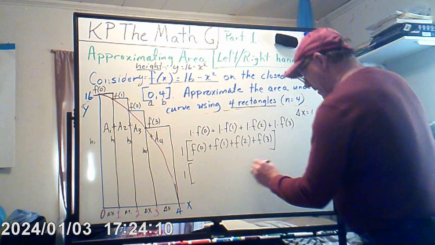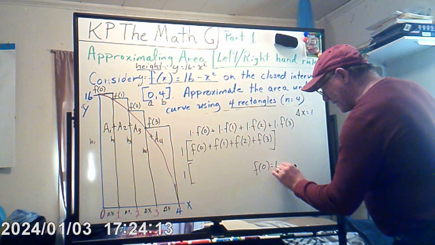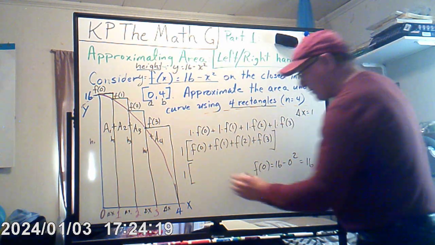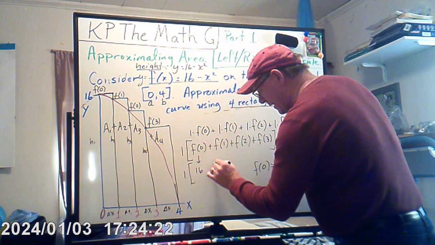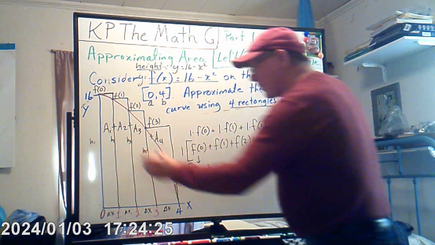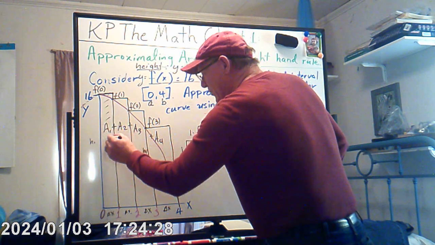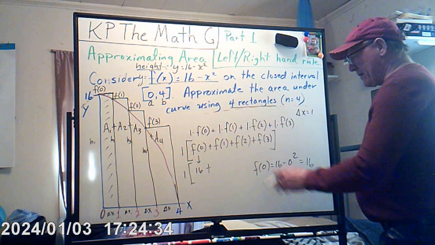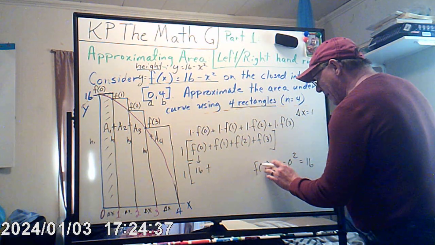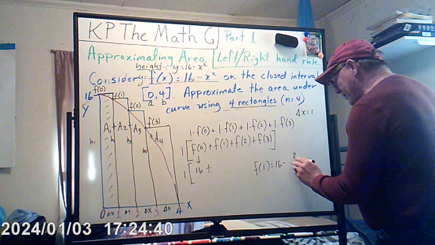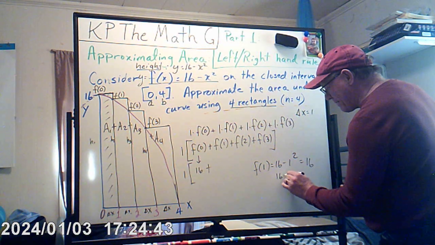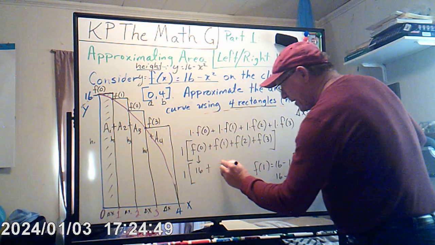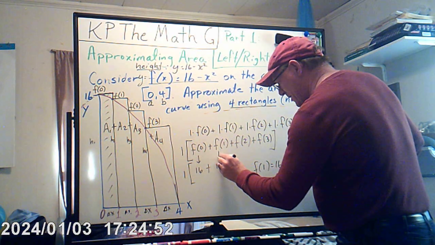L at 0: if I plug 0 in, L at 0 is 16 minus 0 squared, which is just 16. So plus, we're adding this, so this area is 16 square units. This area is L at 1, so I'm just going to plug a 1 in. L at 1 is 16 minus 1 squared; 1 squared is 1, so 16 minus 1 is 15. That corresponds to 15.